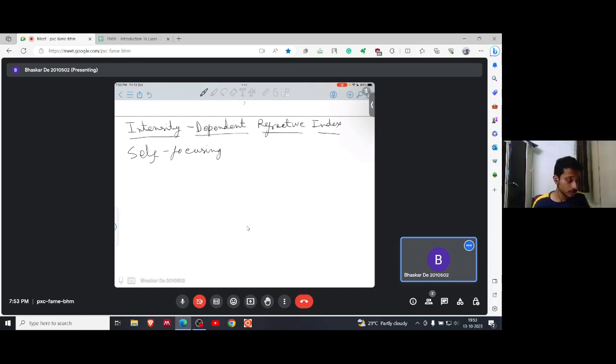Self-focusing. So when a beam of sufficient intensity passes through an optical material, the index of refraction of the material can be altered by the intensity of the beam.